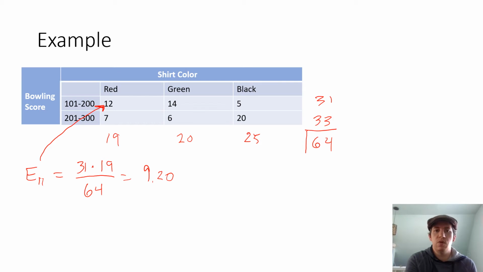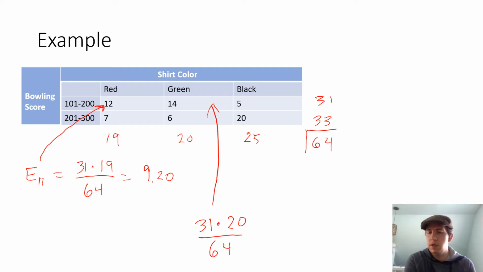If I do this next one right here, the expected value for this spot, again, I'm going to take 31, because that's the row total, multiplied by the column total, 20, and then divide it by the 64, and I end up getting 9.69. And so I have expected values by doing that each time. I take the row total, multiply by the column total, divide by the total, and what I end up having is 9.2 is what I would expect right there.